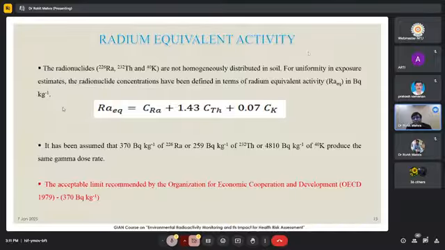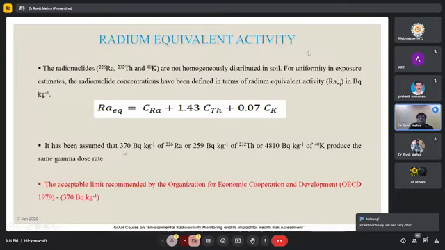As we are using gamma ray spectrometry, with this equivalent gamma dose rate, if you divide 370 by 259, you will get a parameter of 1.43. That means you have converted the concentration of thorium into the concentration of radium. So the second term in this equation is the concentration of radium calculated from the concentration of thorium.